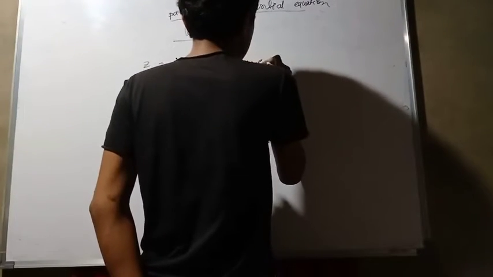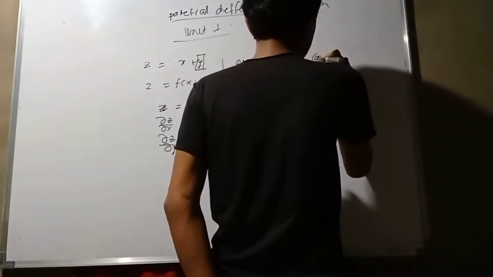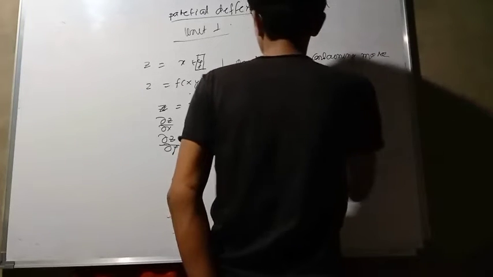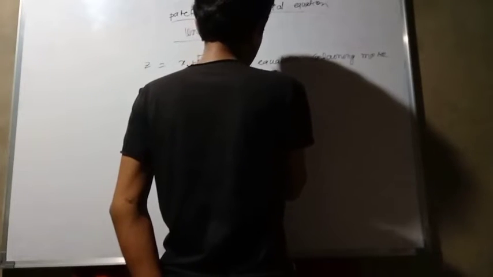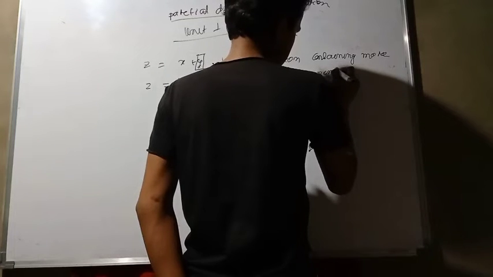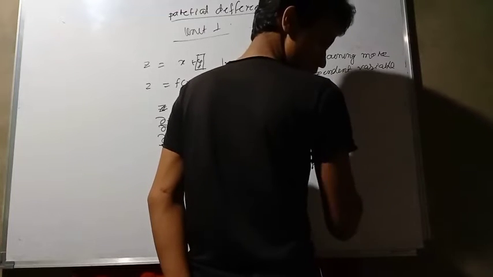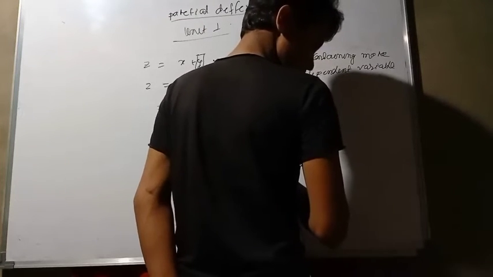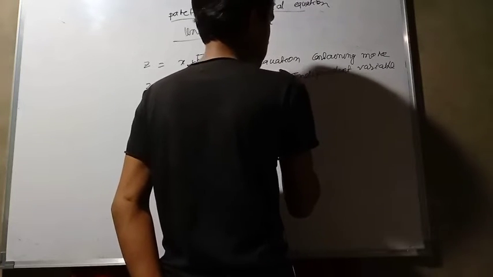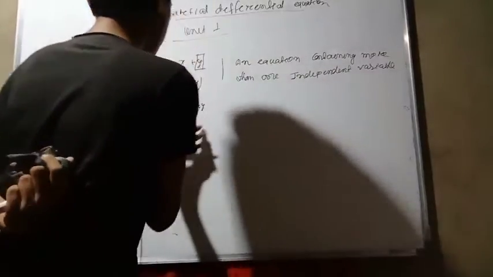An equation containing more than one independent variable. We can say that this is independent of the other.